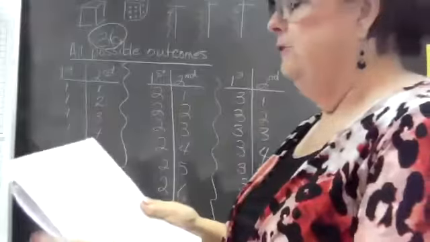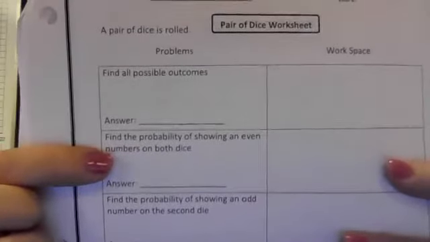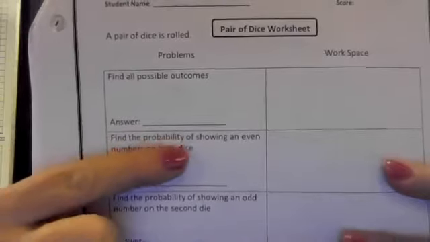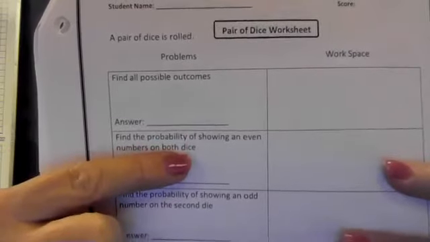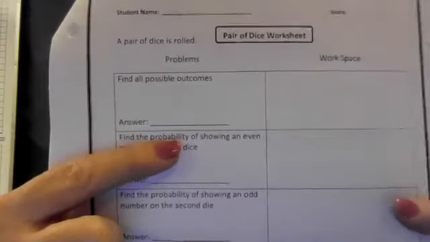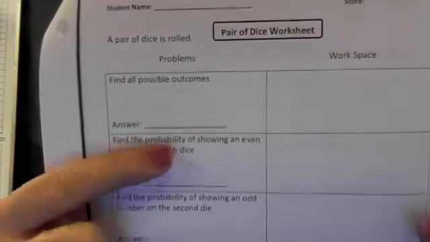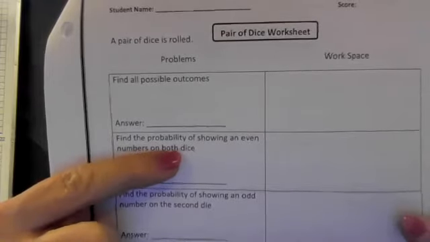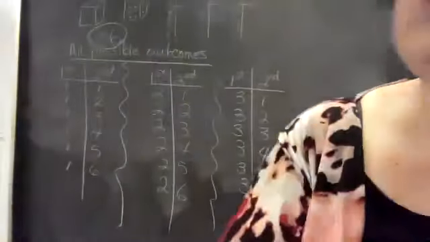Okay, like the next question after you list all your outcomes says, find the probability of showing an even number on both of the dice. The probability means we need to know the total, but we also need to find out how many places there is an even number on both of the dice. So we go through here.